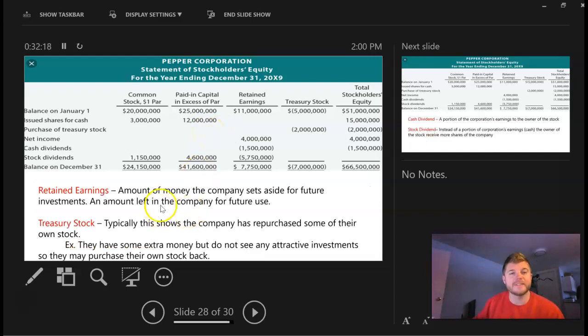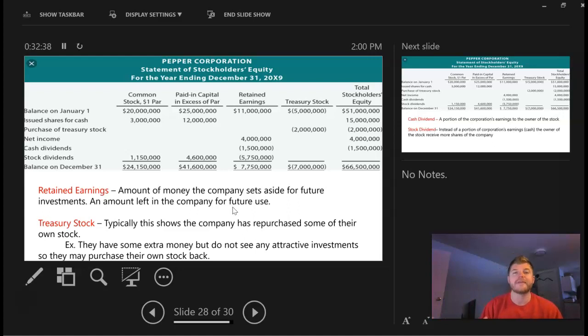A couple other things are retained earnings. So retained earnings is this column, but basically what retained earnings are is that a company will make lots of money in a year. Now, what they can do with that money is that they can pay it to their ownership. So it could be themselves, it could be any of their shareholders.